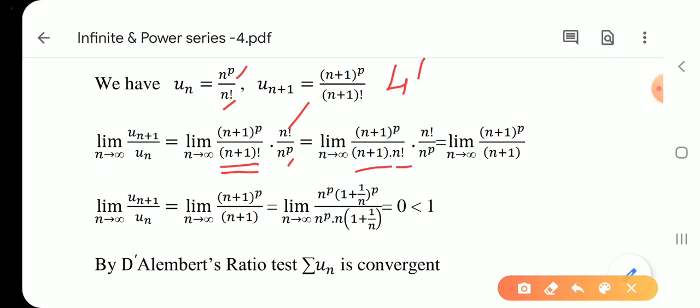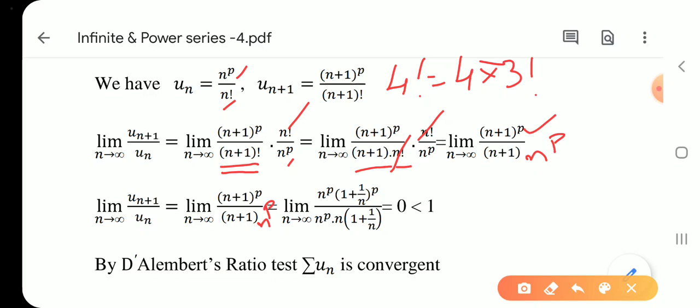I told you 4 factorial you can write as 4 into 3 factorial. Similarly, n plus 1 factorial I can write as n plus 1 into 1 less n factorial, so that n factorial cancels. You get n plus 1 to the power p by n plus 1 here into n to the power p remains. Here also n to the power p remains.